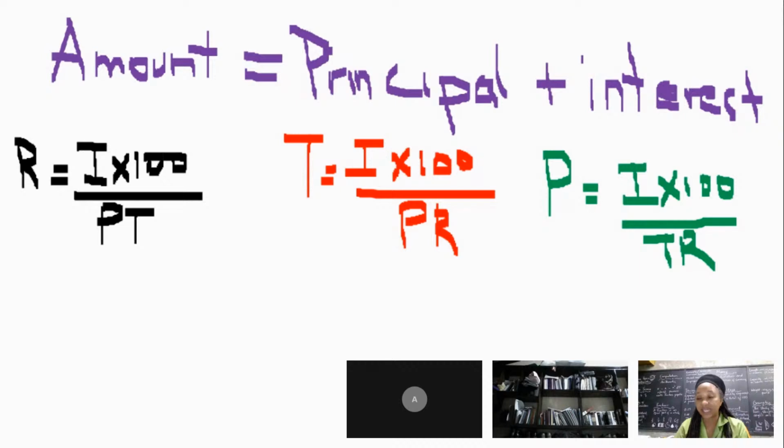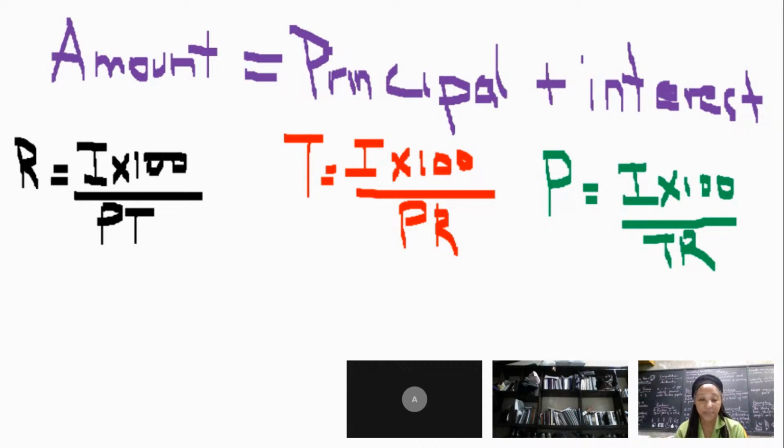So knowing that, it is very easy for us to remember. If you want the rate, you know that interest times 100 is going to be at the top, and principal times time will be at the bottom. If it's the time you want, you know that interest times 100 is going to be at the top, and principal times rate will be at the bottom.